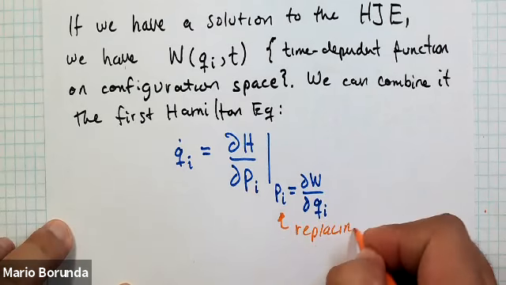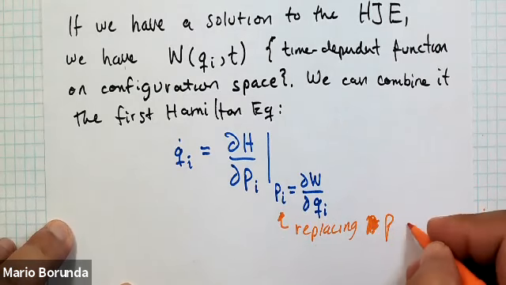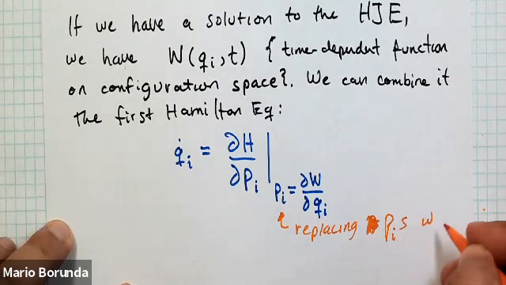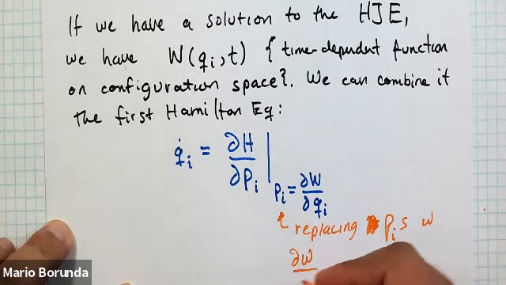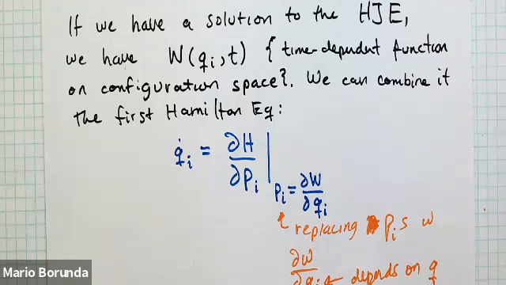So we're replacing the P's with some function that depends only on Q. Okay, does that make sense?